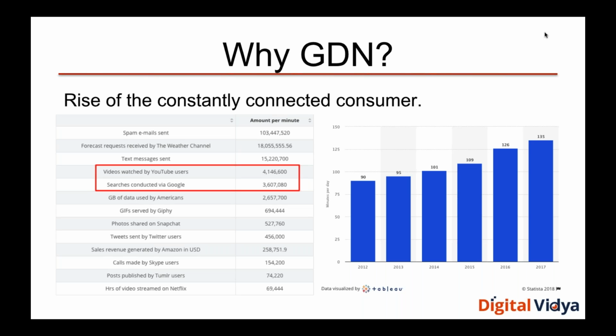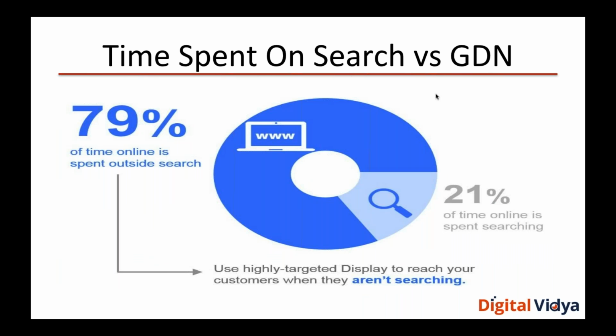And what's highlighted on this data, if you look at it, the amount of videos watched by YouTube users in a minute, and the searches conducted using Google in a minute, that's what is shown over here. And on the right hand side you can see the growth in this time that is spent over the years from 2012 to 17.